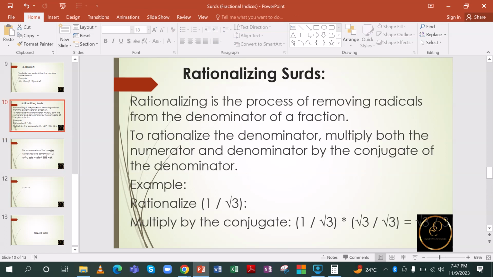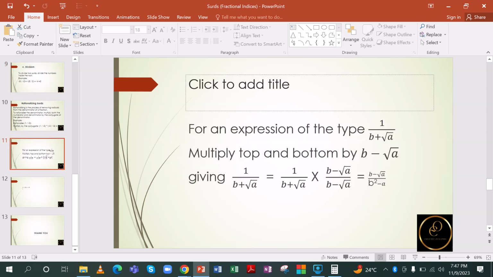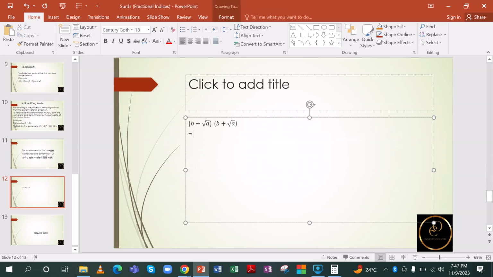It will be D squared. Let me just try to look at this one.